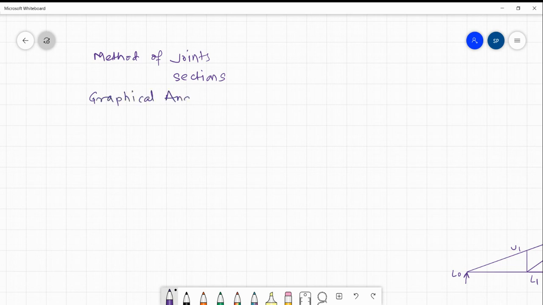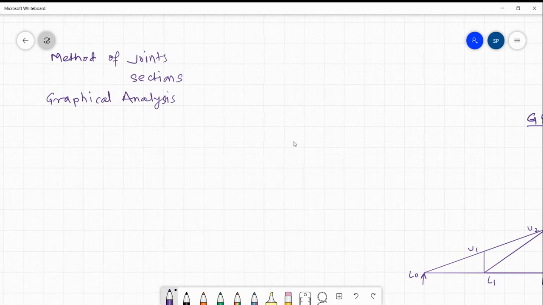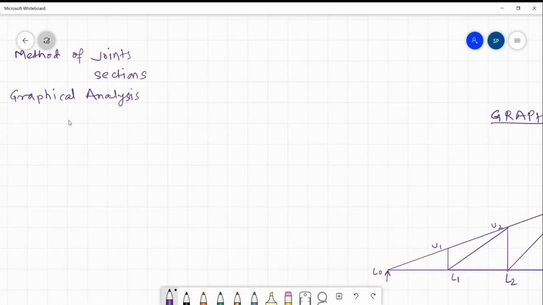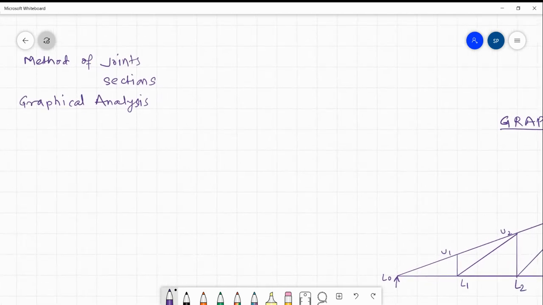Now this is typically useful when you are analyzing this truss to find out member forces. In graphical analysis, first you should know how to represent a force graphically.